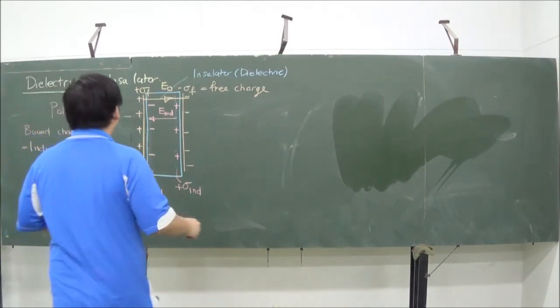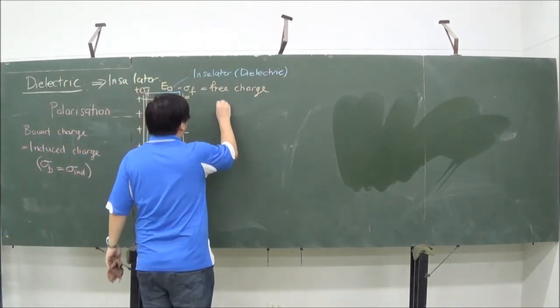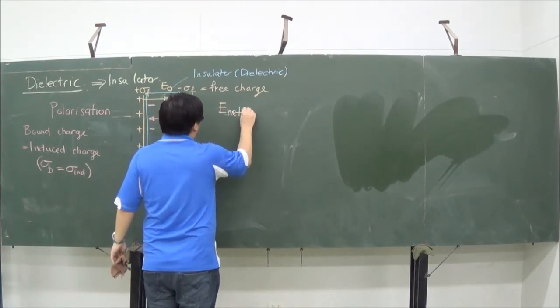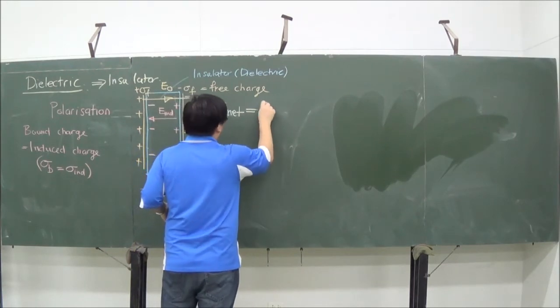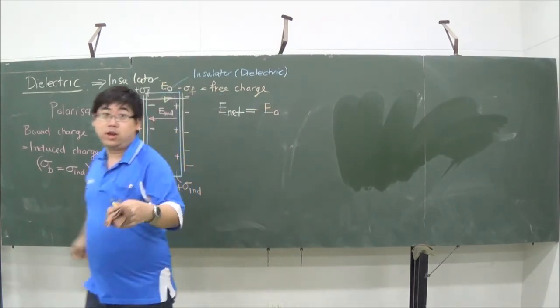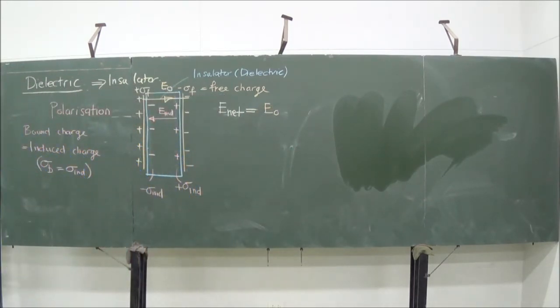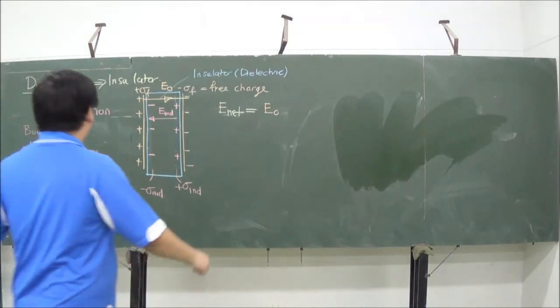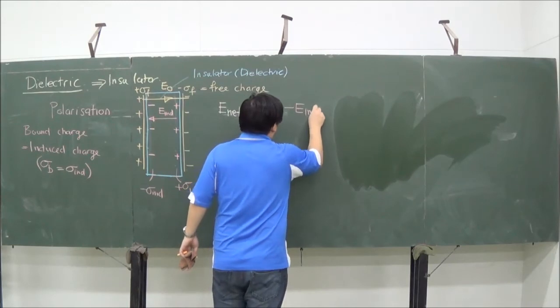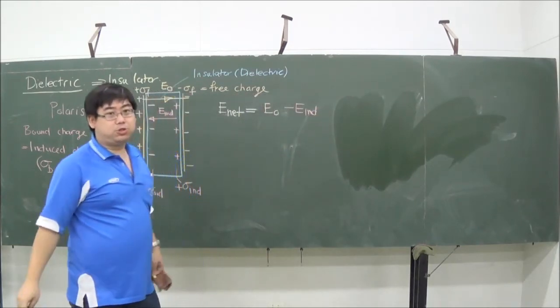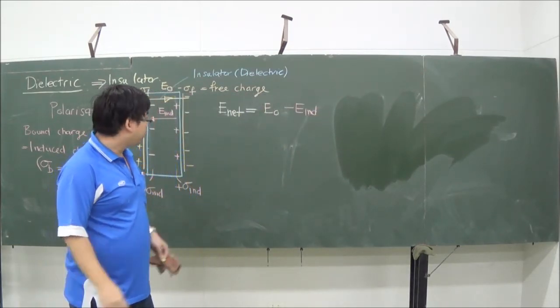So the net field equals the electric field before inserting the dielectric, minus the induced electric field.